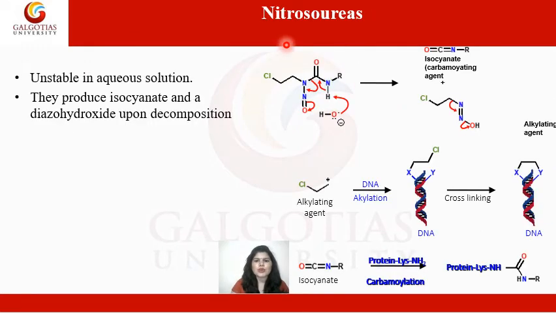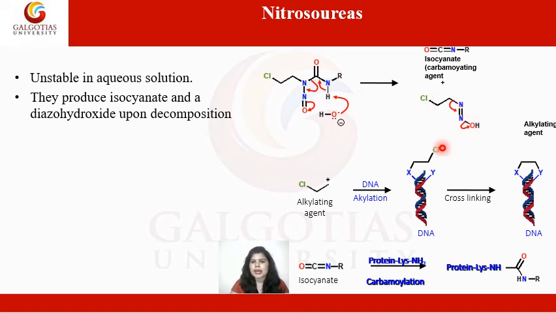The last class of alkylating agents is nitrosourea. They are derivatives of nitro and urea. These are unstable in aqueous solution. They produce isocyanate and a diazohydroxide upon decomposition. Nitrosourea derivatives decompose to give isocyanate, which is the carbamoylating agent, and nitro diazo compounds.